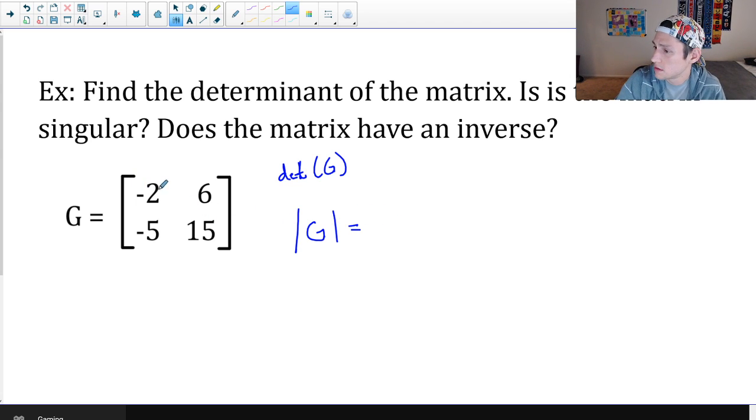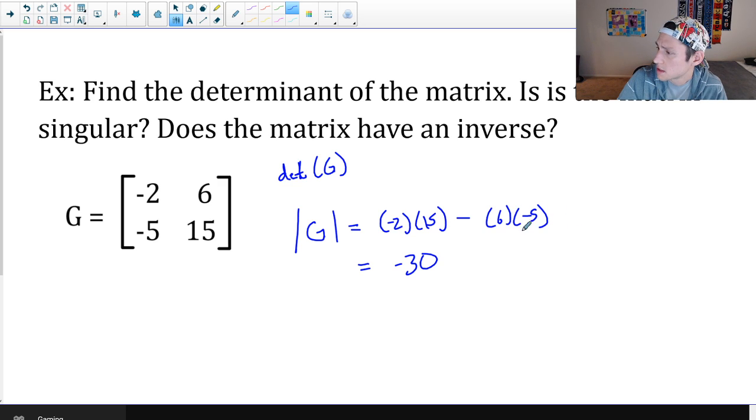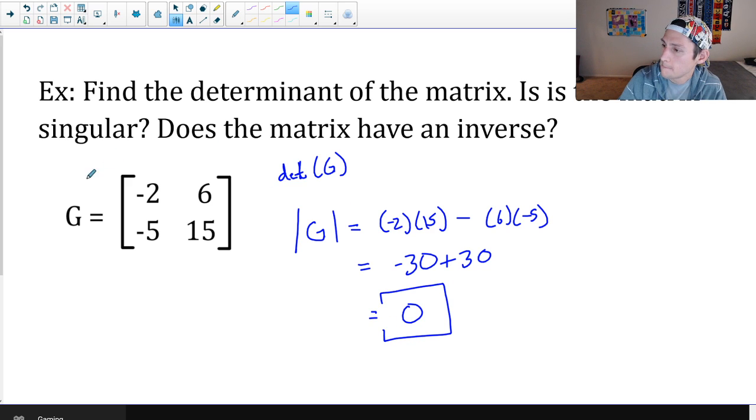So multiply this main diagonal, negative 2 times 15, minus 6 times negative 5. Negative 30. 6 times negative 5 is also negative 30, so minus negative 30 would be plus 30. Negative 30 plus 30, 0.